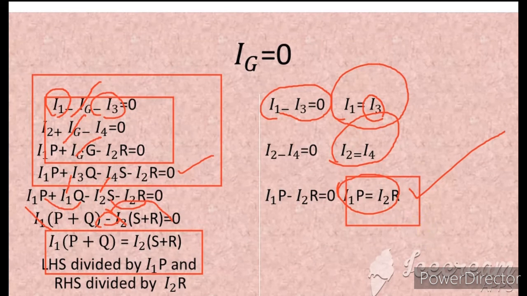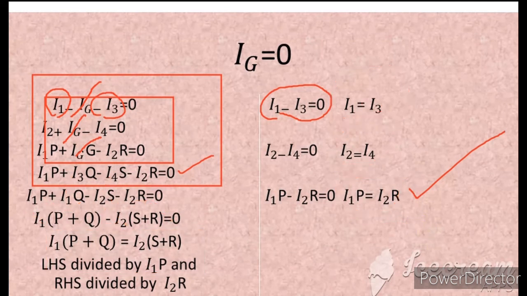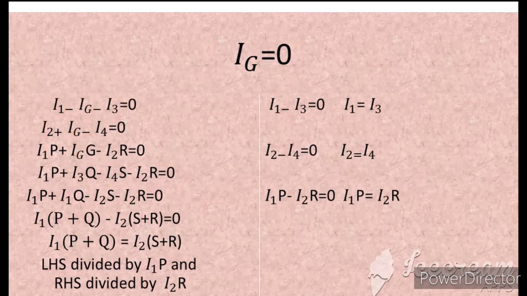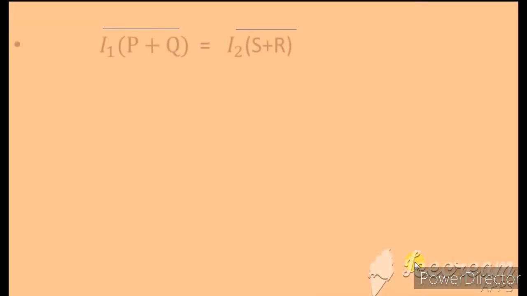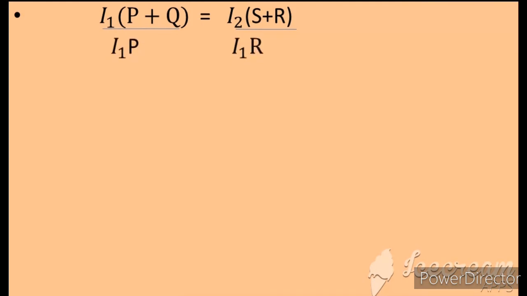These two equations we are going to use for the next step, so that we will be able to divide them. Taking these two equations alone, we get I1 into P plus Q, and the other equation is I1 P. In the same way, I2 into S plus R, and I2 into R. Now this I1 gets cancelled, and in the same way I2 gets cancelled.